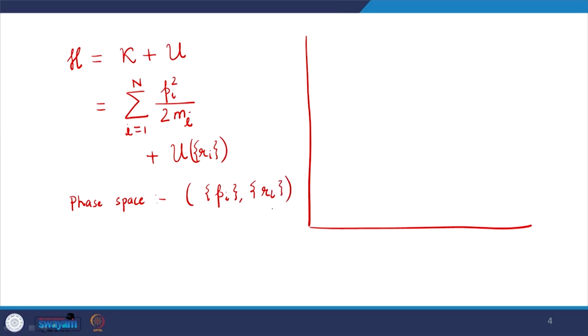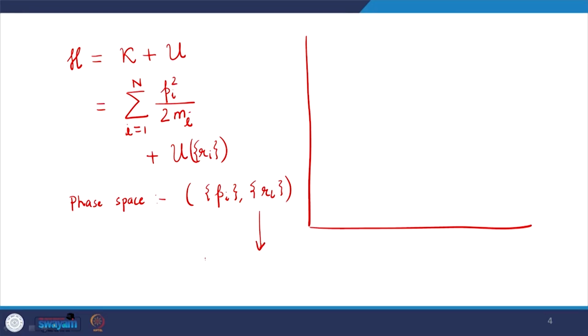By the way, when I talk about coordinates, although I always tend to draw Cartesian plots, it does not really matter if I work in cylindrical or spherical coordinates. In general, we can replace this with generalized coordinates q_i, and by the way all of them are vectors, in whatever coordinate system we are working with.